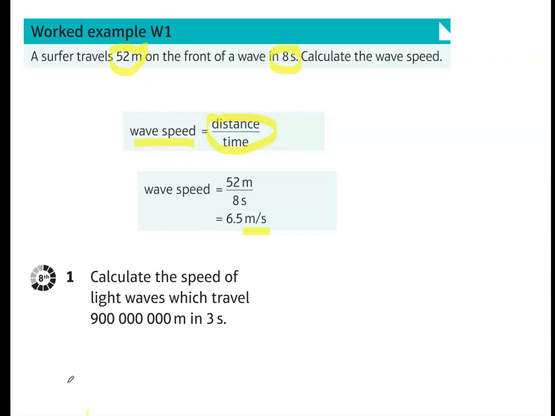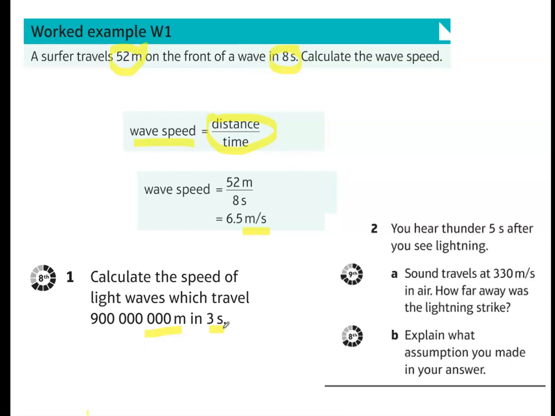Again, a couple of questions which you can do in your own time. Calculate the speed of light. You know your distance, you know your time. And you can also have a go at question 2. You hear thunder 5 seconds after you see lightning. Sound travels at 350 meters per second.